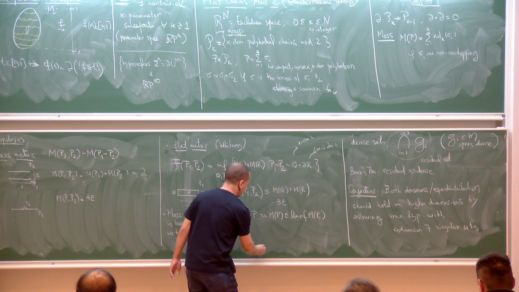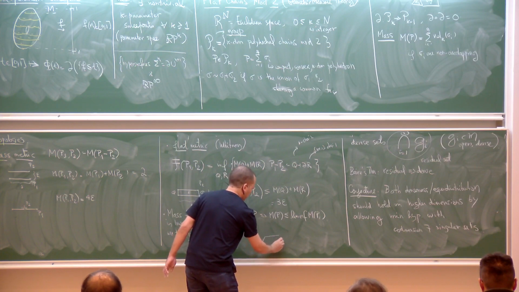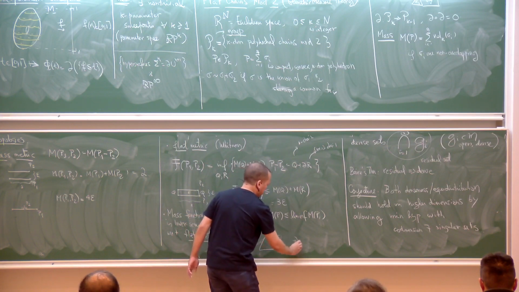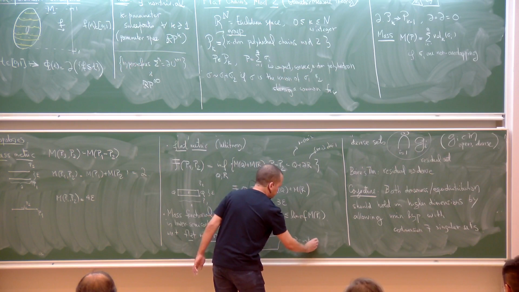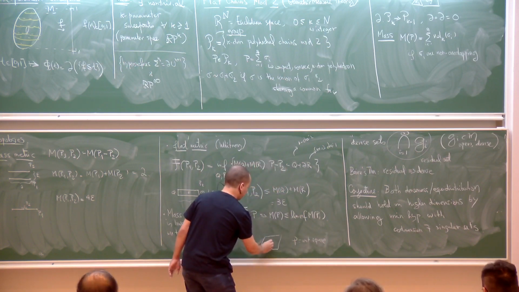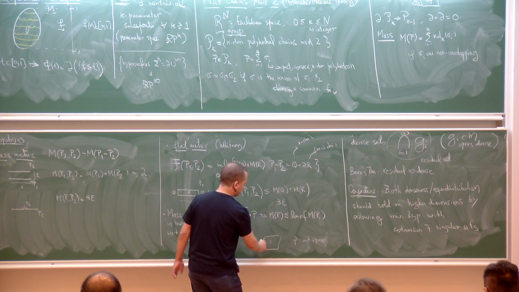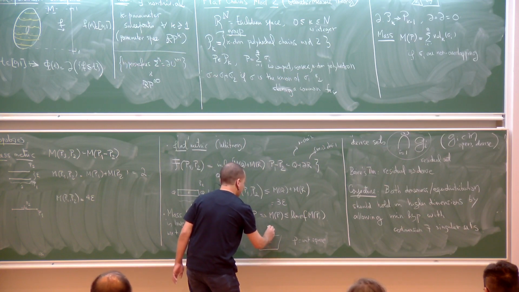For instance, let me finish with this example. If I take P to be the square, say P is the unit square, maybe I take a square of size epsilon here, and then I erase this little square, and then I add maybe a tower here.